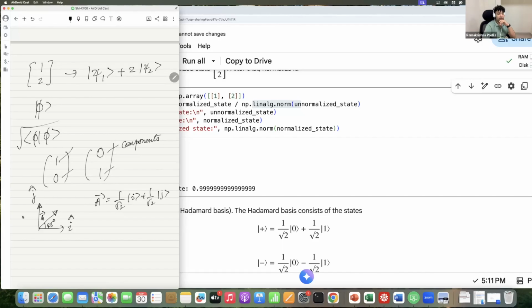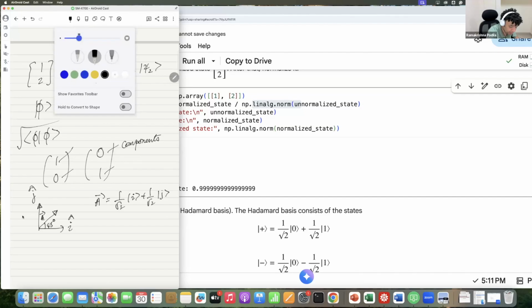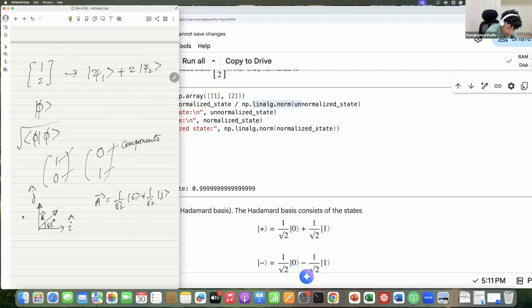Now, let us say I have a new coordinate system which is rotated by 45 degrees. So this is i prime, and this is j prime.